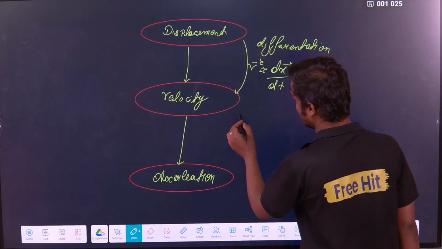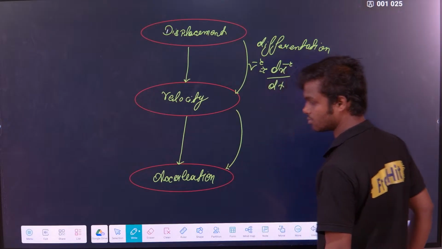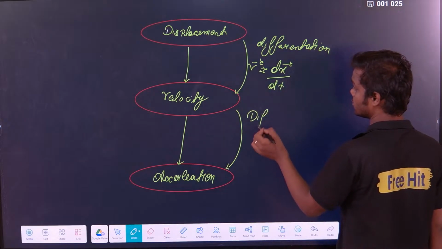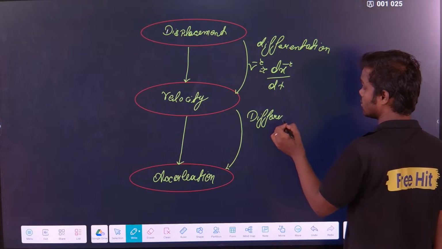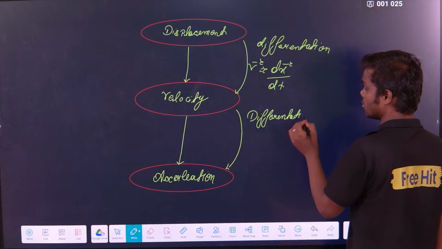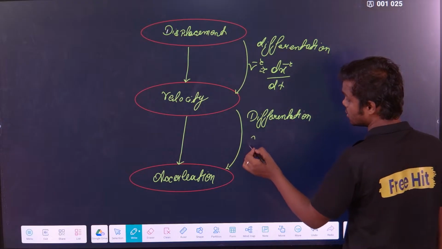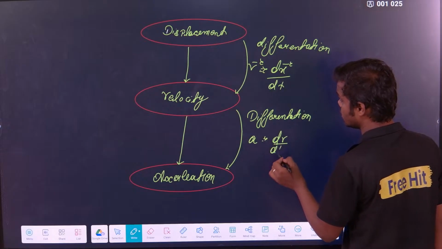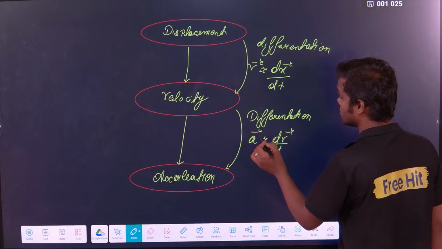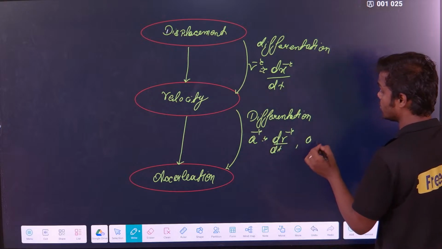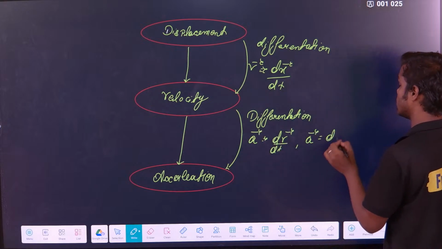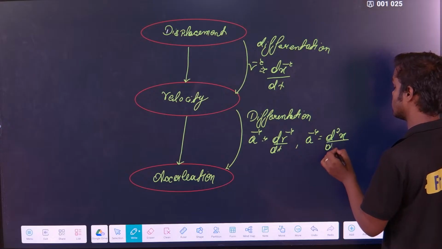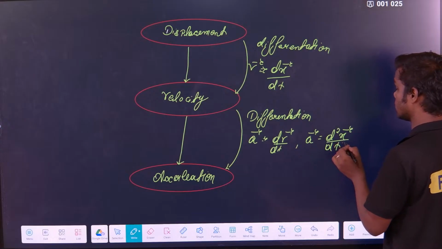Now from here to here, again I have to do differentiation. First case, acceleration will be equal to dv by dt. Second case, acceleration will be equal to d square x upon dt square.